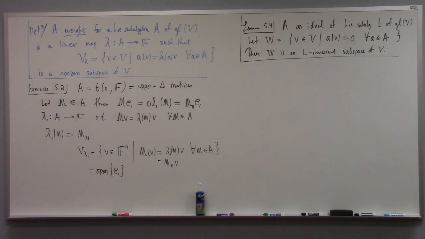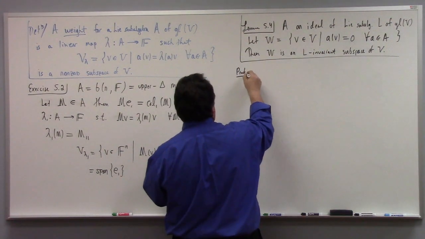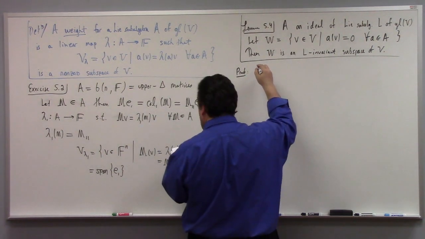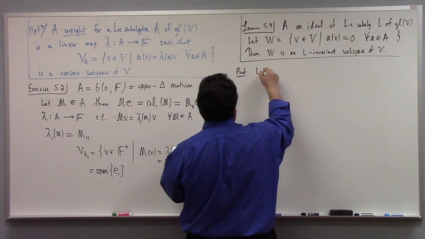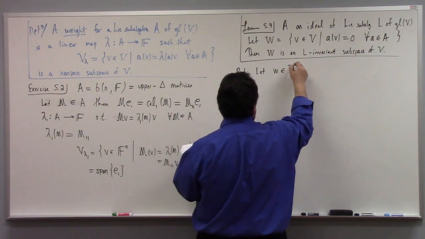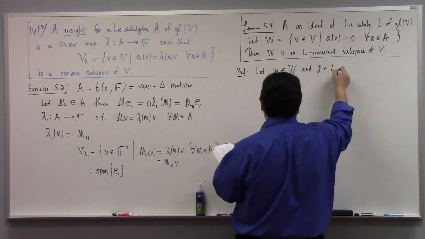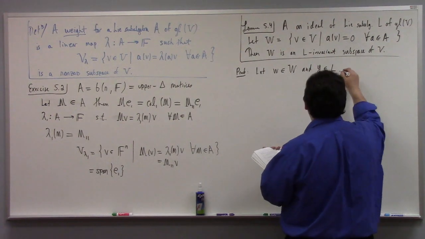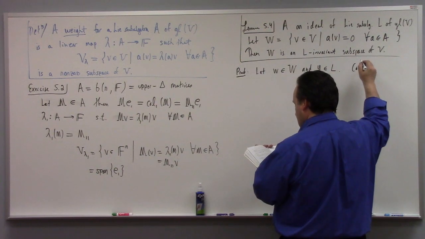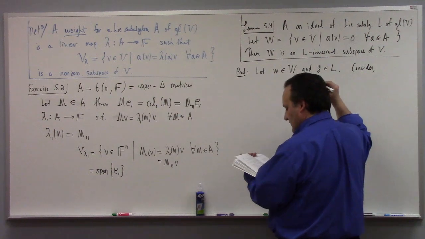All right, so here's the proof of that. We'll discover the meaning of some of these words as we go on in the proof, all right? So let little w be an element of big W, and y be an element of L. I'm going to skip that little sentence right there.